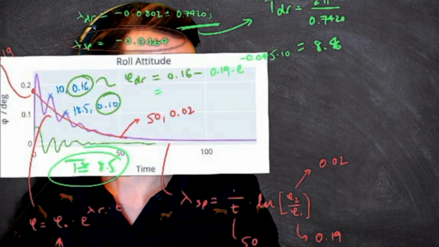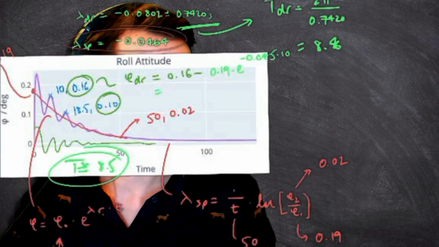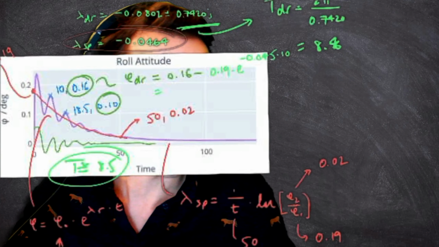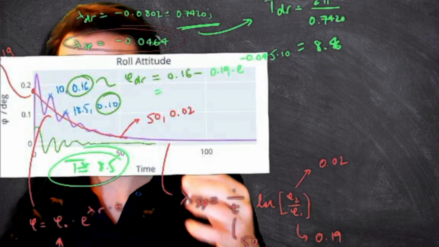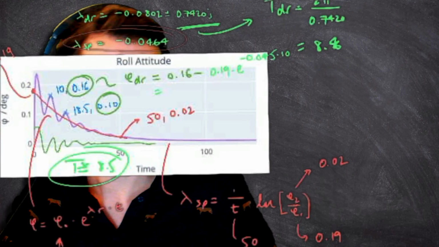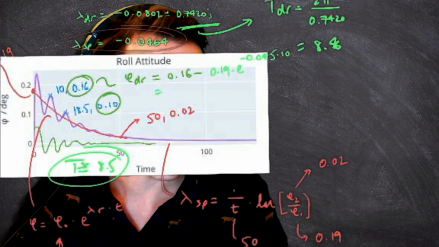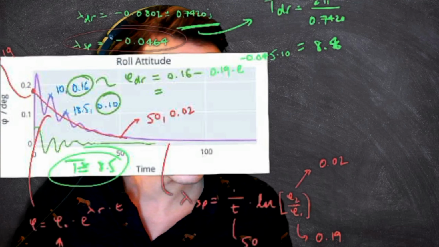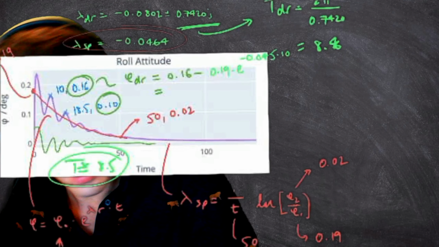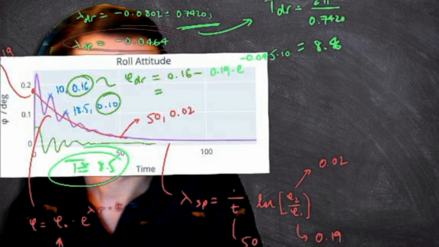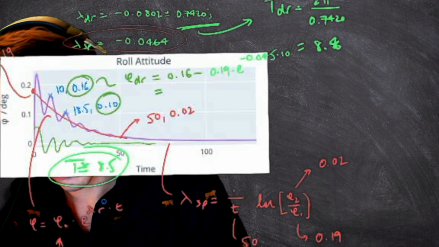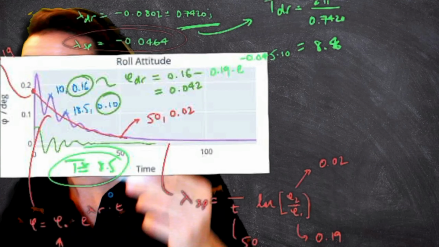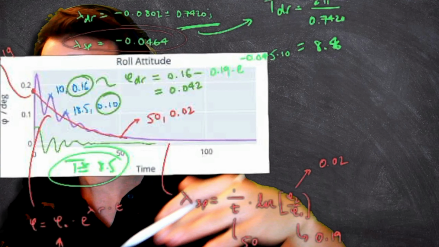So that's going to equal, I've used slightly more precise values in my graph up here, so these numbers are going to be slightly different to what you get out if you put this into a calculator, but I'm going to put them on here anyway. So the numbers that you'd get out are going to be 0.042. That would be the value that this peak would achieve if the spiral mode weren't bringing this up.